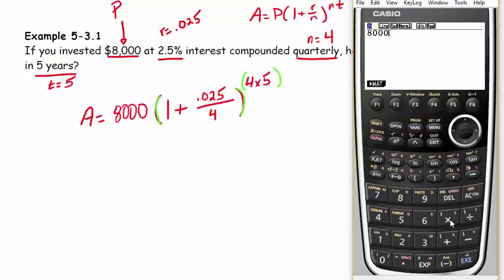$8,000 times, in parentheses, 1 plus 2.5% as a decimal divided by 4, close the parentheses, raise that to our exponent, open the parentheses, 4 times 5.